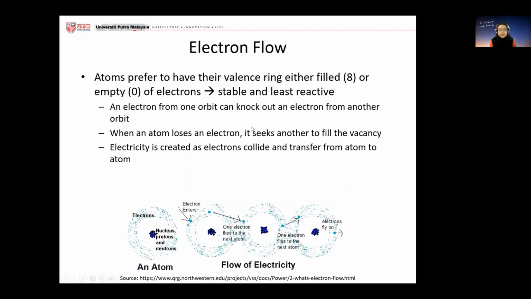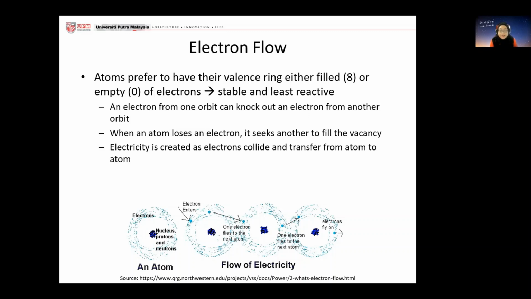Now, electron flow. This will relate to how electricity is produced, so just bear with me. You remember you have to look at how an atom is stabilized. Atoms prefer to have their valence ring either full or totally empty of electrons, because that is the most stable and least reactive form.